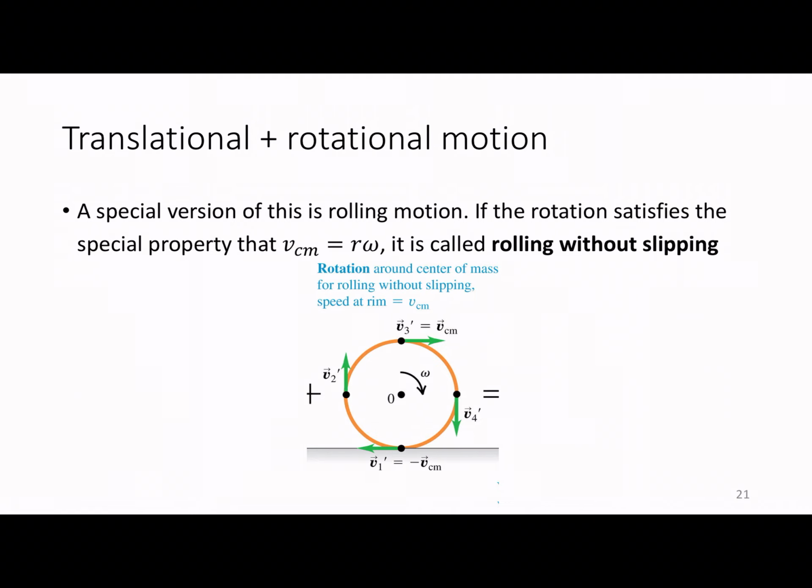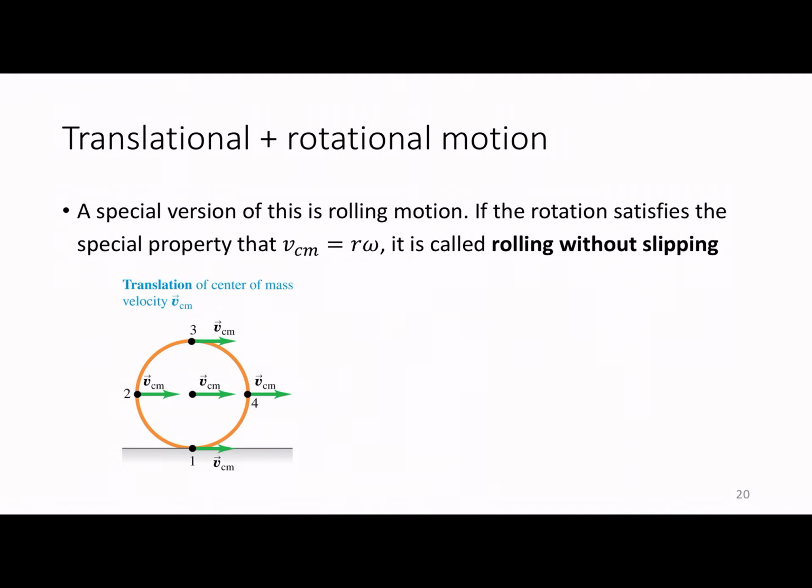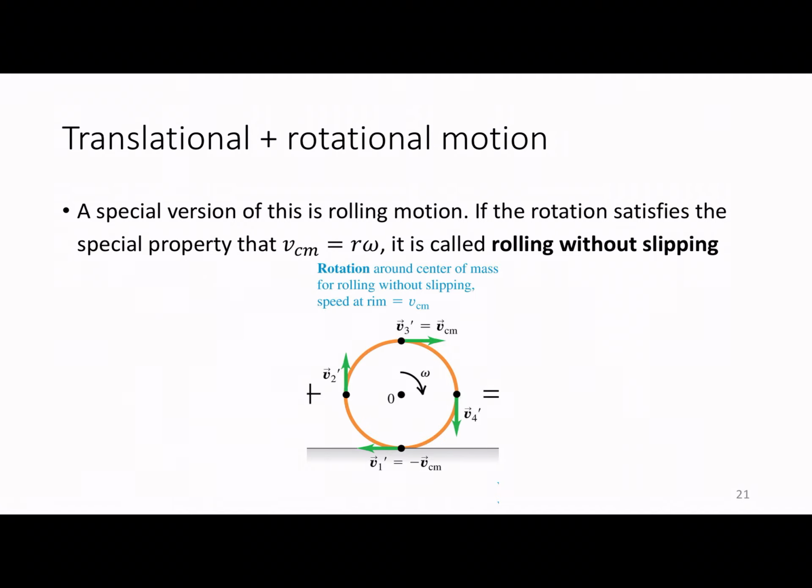If you look at just the rotational bit, it's rotating in this case clockwise because my motion is to the right. And so what that means is at the top, my velocity is pointing to the right, and it's equal to v center of mass because r times omega is equal to v center of mass.